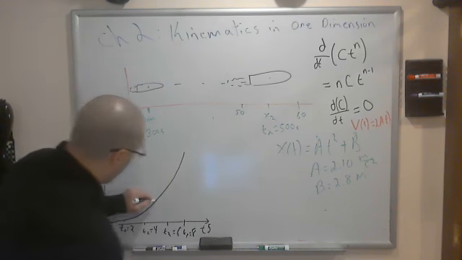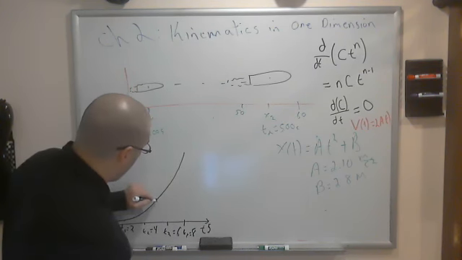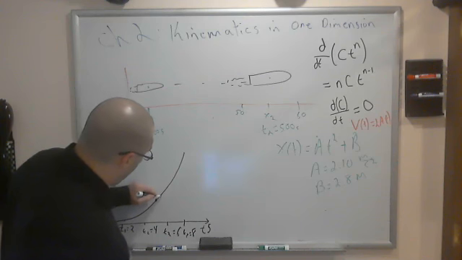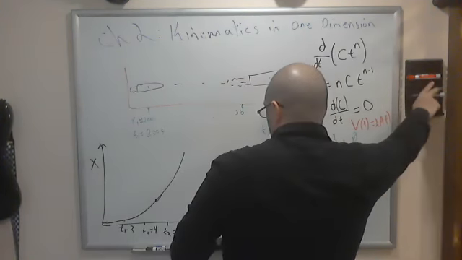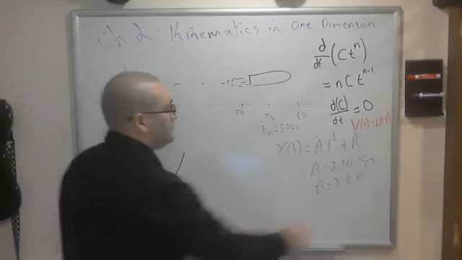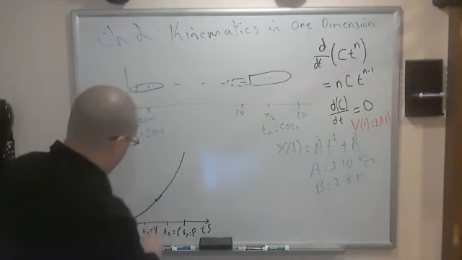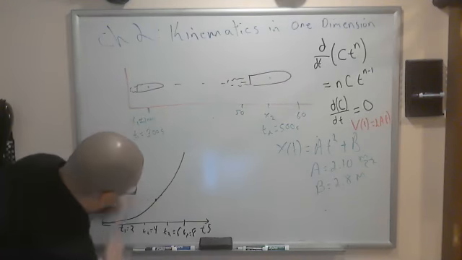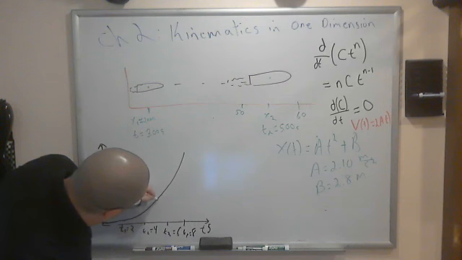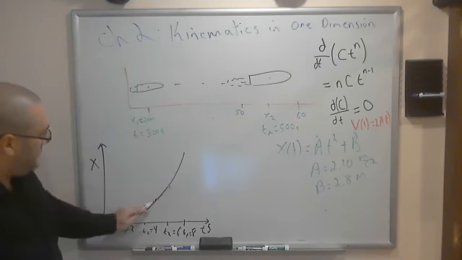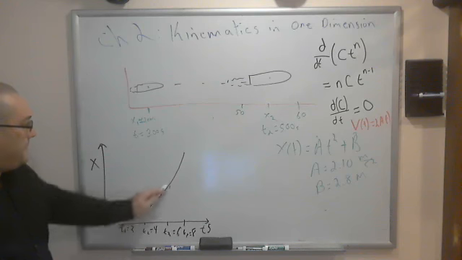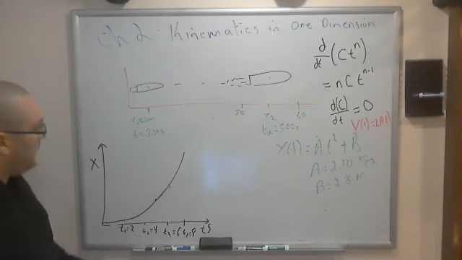Now the instantaneous velocity, like I went over last time, I'm going to use red just to accentuate it. The instantaneous velocity is the tangent. So the slope at this point represents the instantaneous velocity.